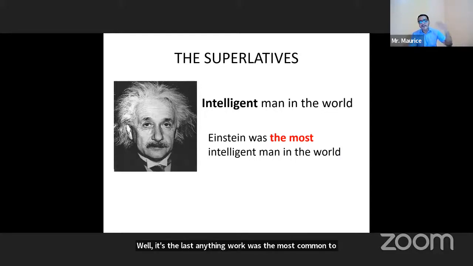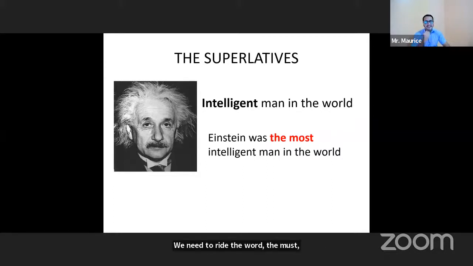Correct, thank you. So in this case, the adjective is intelligent. This adjective intelligent is considered a long one. Because it's considered a long adjective, we need to write the words the most.